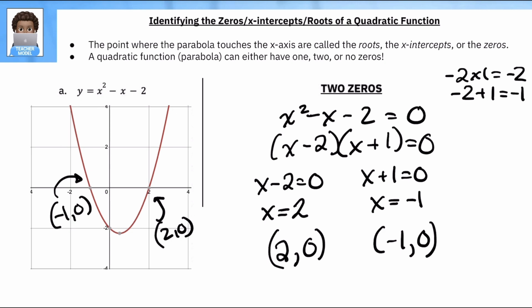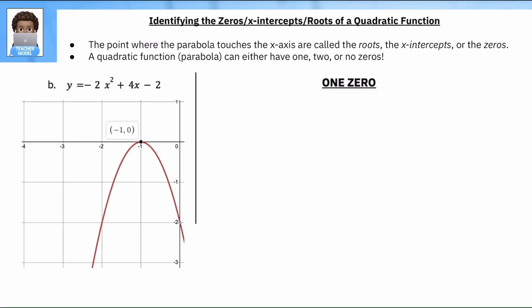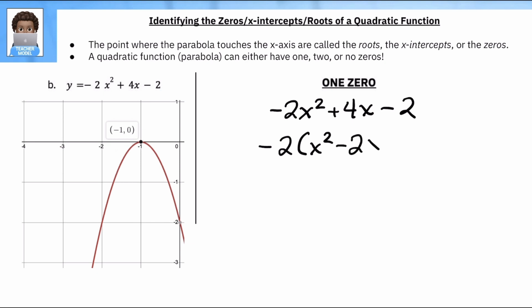But that's not the only thing that could happen. What if it only touches one time, like on this graph? I do have the vertex there, and you can see that it's literally right there at that point, (1, 0). So let's prove that algebraically as well. I have negative 2x squared plus 4x minus 2. I'm going to factor out that negative 2 to have x squared minus 2x plus 1.